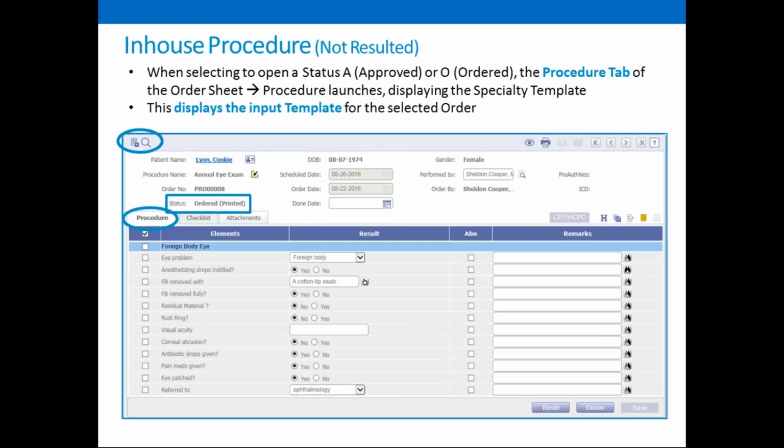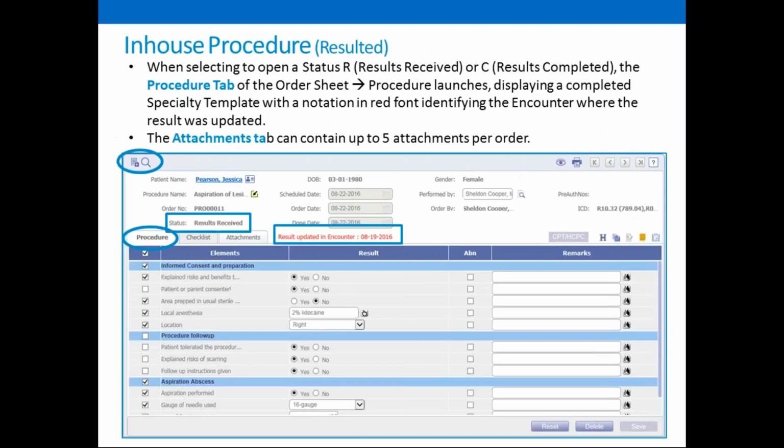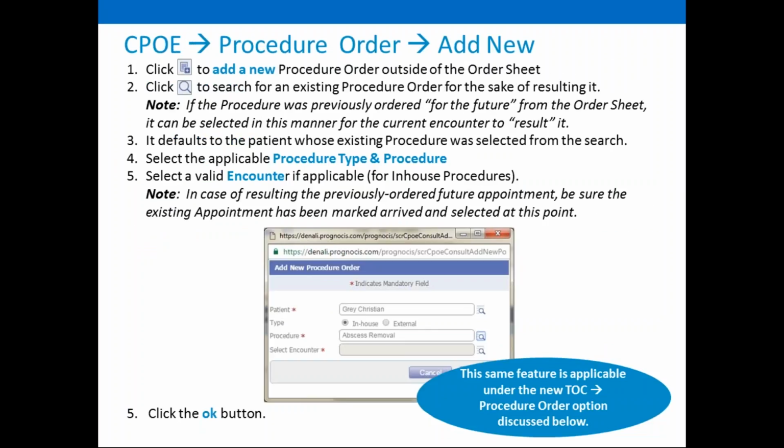But if the result came in on the 15th, meaning the patient actually came back in and did it, that's why you will see the result updated in Encounter in red and tell you the date it was actually done. So there's always a direct correlation between the order and the result. Whether it was done now, it'll be all in one screen, of course, or if it was done in the future. And you also have the ability of adding a new procedure order from that screen as well.